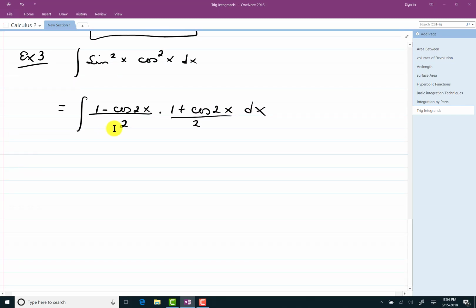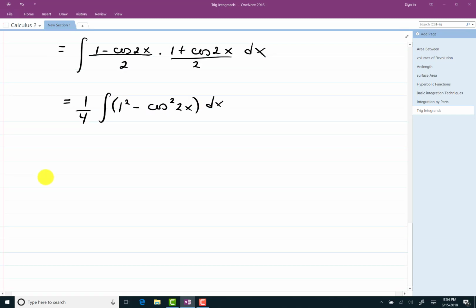Now what I'm going to do is I'll bring this 2 and this 2 out front to bring me a 1/4 out front. When you multiply these two things, it's a difference of squares. So you're going to get 1 squared minus cosine squared of 2x dx. Of course, the square on the 1 is not a big deal, so I'll get rid of that.